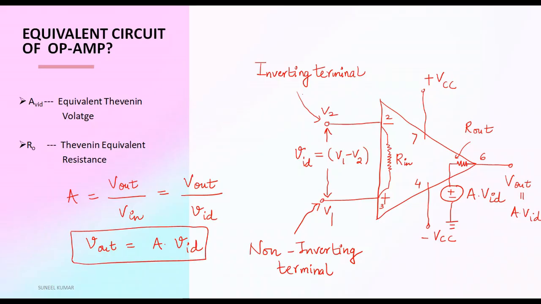That's why this voltage source A into VID is connected to the output terminal, and in an ideal op-amp we have seen that the output resistance will be 0 and the input resistance will be infinite.